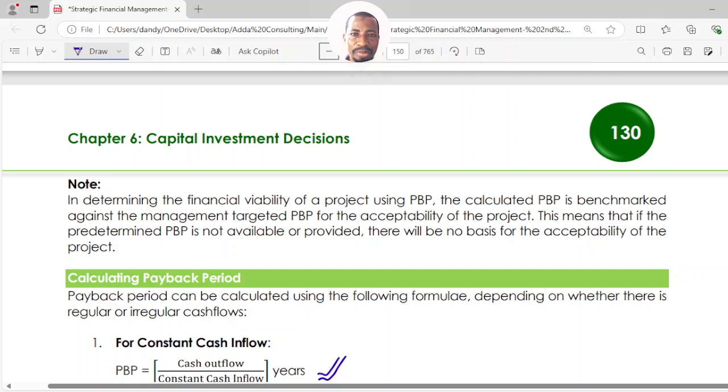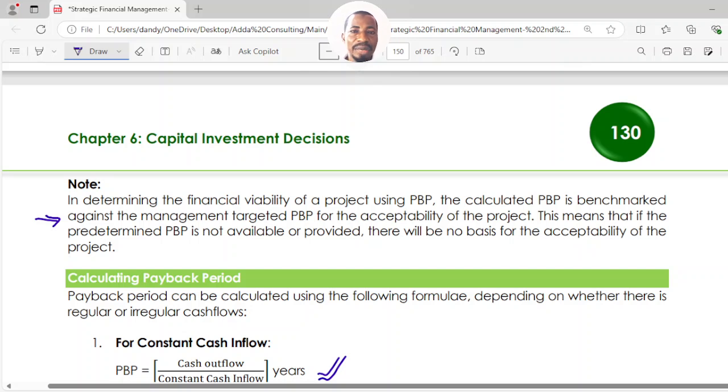It has to be compared with the management predetermined payback period. Hence, in determining the financial viability of a project using payback period, the calculated payback period is benchmarked against the management targeted payback period for the acceptability of the project. This means that if the predetermined payback period is not available, there will be no basis for the acceptability of the project.